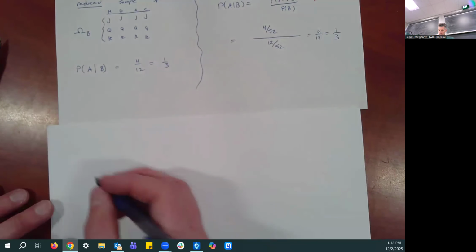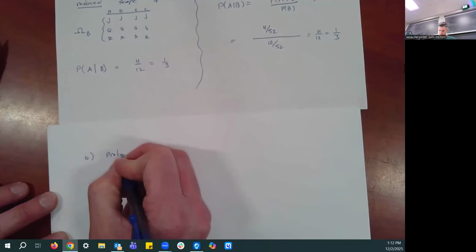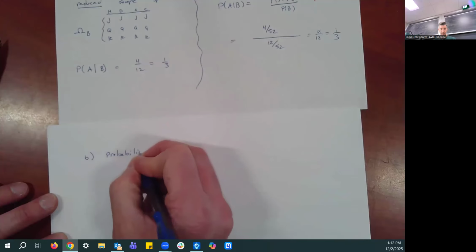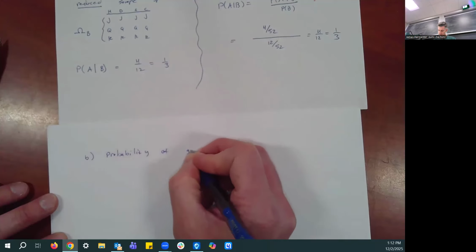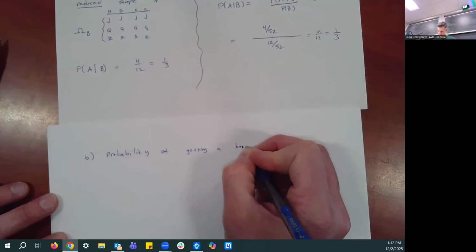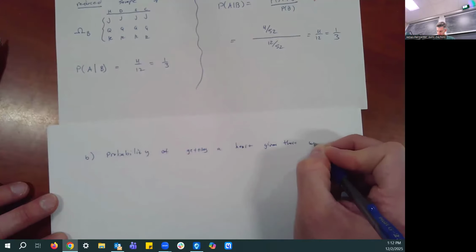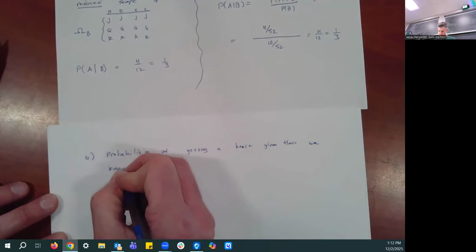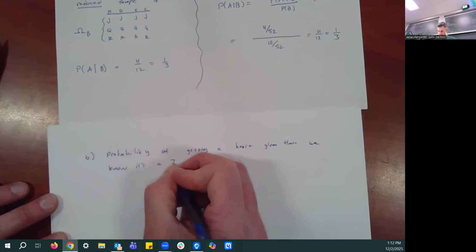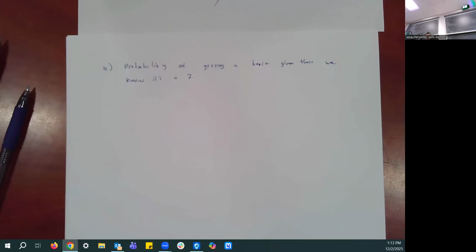Okay, same kind of question, but now we want to find the probability of getting a heart given that we know it's a 7. And in these kind of examples, I like to imagine someone else has looked at the card and said, it's a 7.